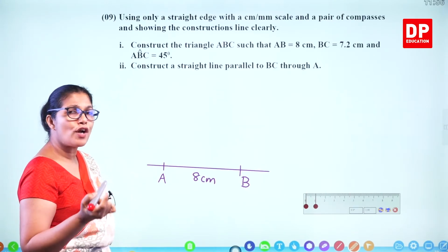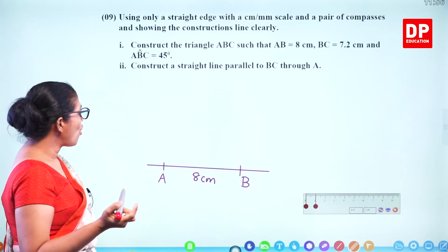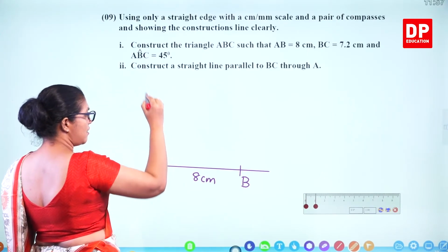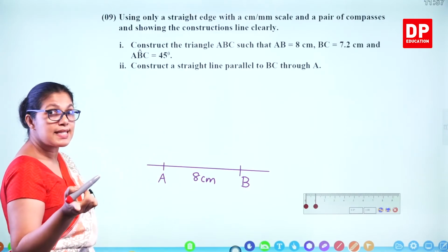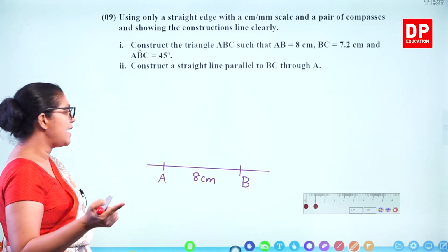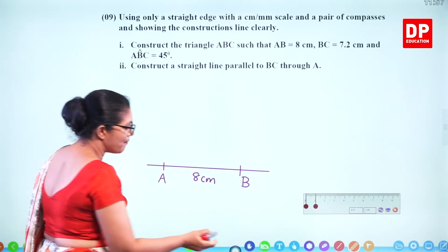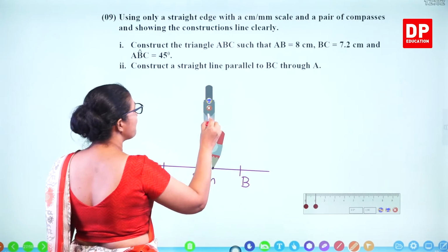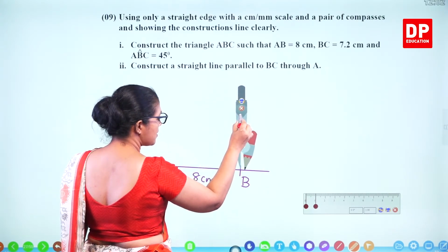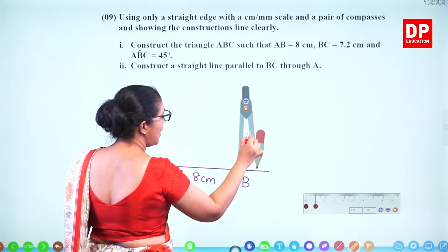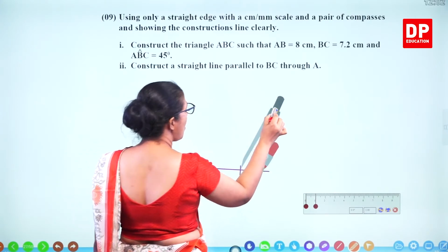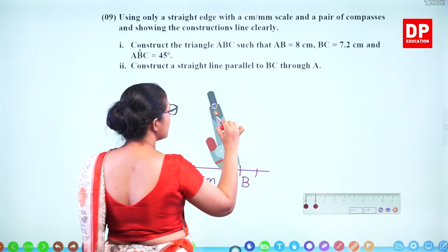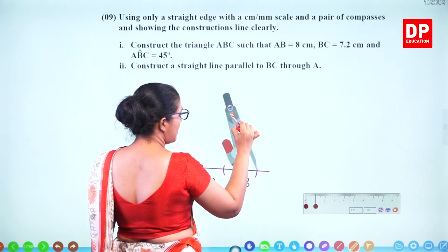How do you construct a 45-degree angle? You can draw a perpendicular line, not the bisector. Perpendicular line, that's 90 degrees, and bisect 90, you get 45. So we take the compass and first take any length and mark 2 arcs on both sides, and take any length here.